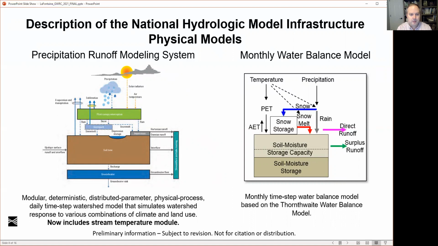One thing to note is that the recent release version of PRMS has a stream temperature module, based off the SNTemp stream network temperature model, to simulate daily mean stream temperature.